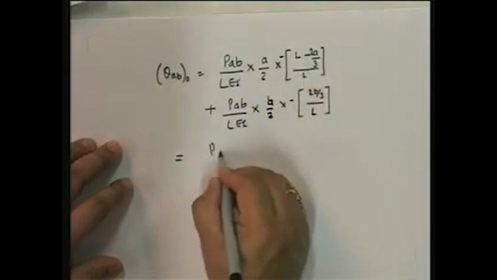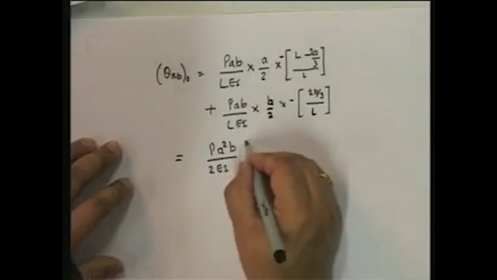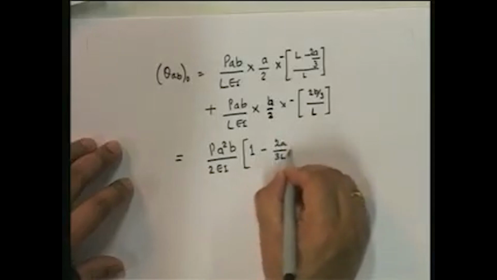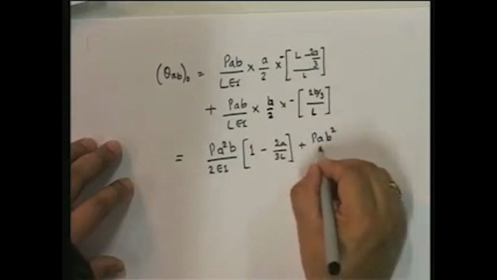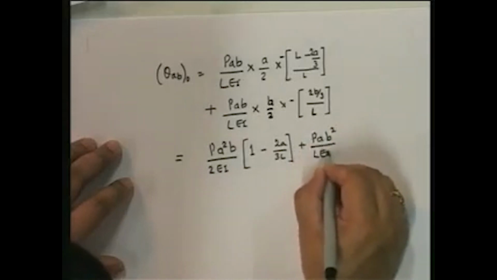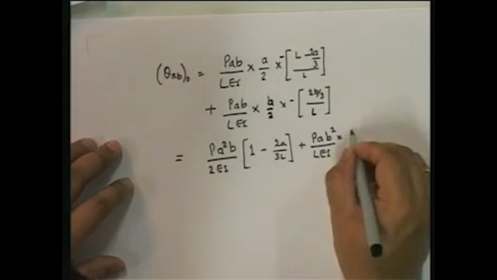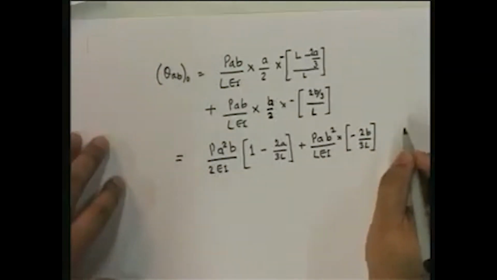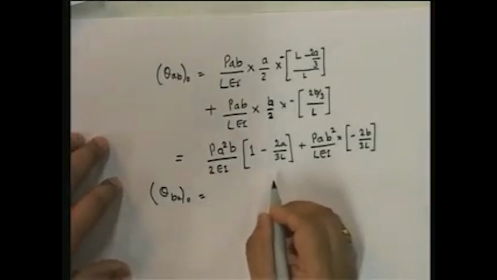So I'm going to make this P A squared B upon 2EI, and inside is going to be equal to 1 minus 2A upon 3L and plus PAB squared L upon EI multiplied by minus 2b upon 3L. This is theta AB.